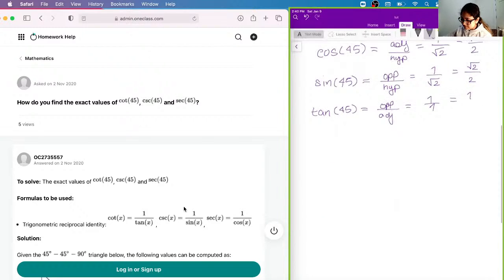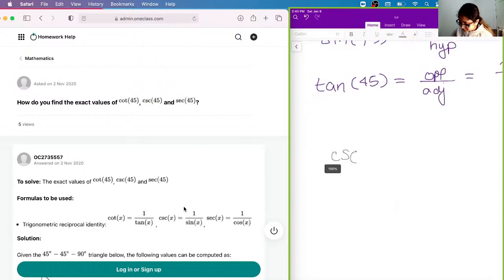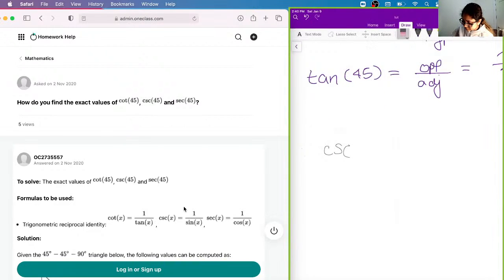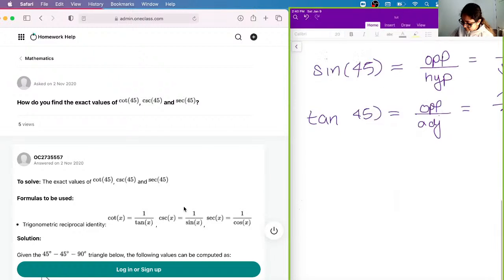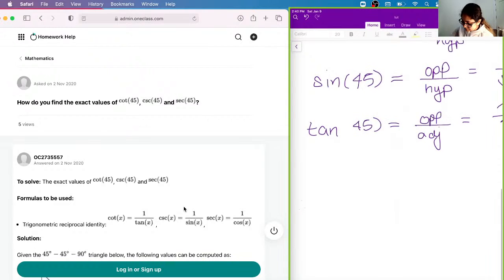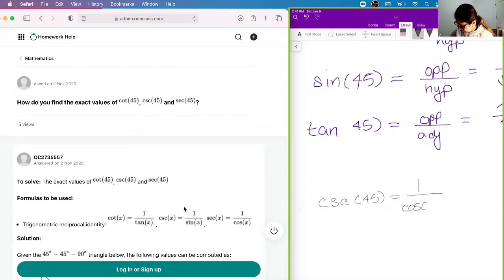So cosecant of 45 is equal to 1 over sine of 45.